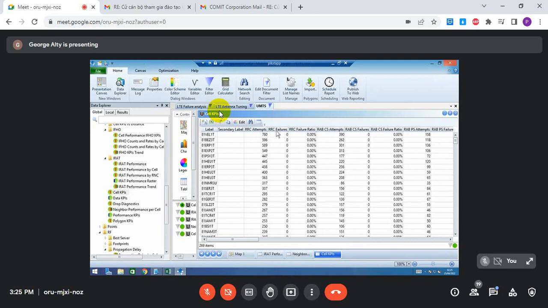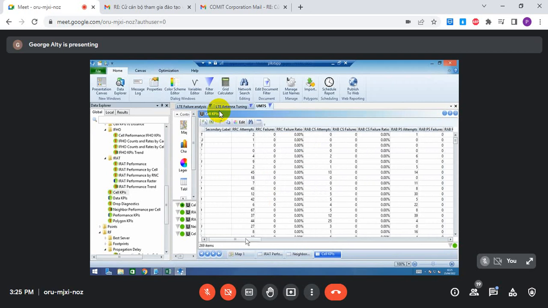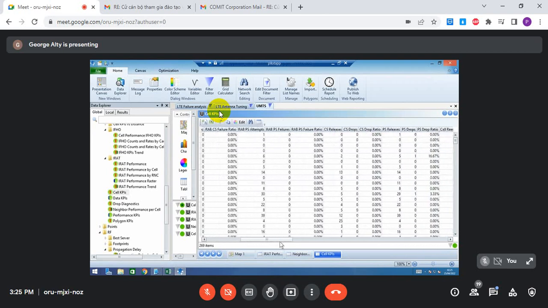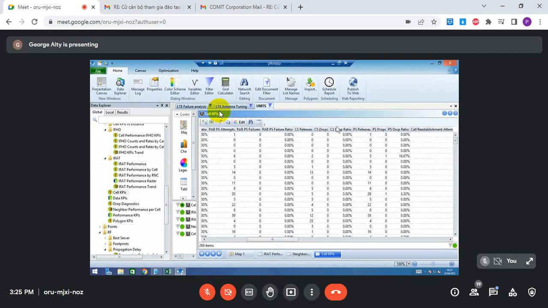So if I go to RRC failures, highest to lowest, in this particular area we don't have any RRC failures, attempts, CS drops. We've got the rates down here. So we can look at the various releases, the drops, and drop ratios here. We could have a look at the CS drop ratio.